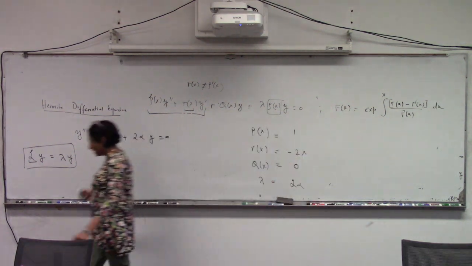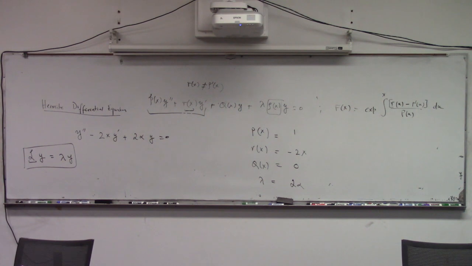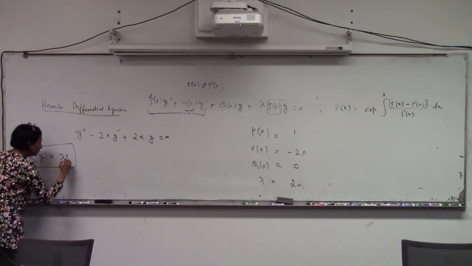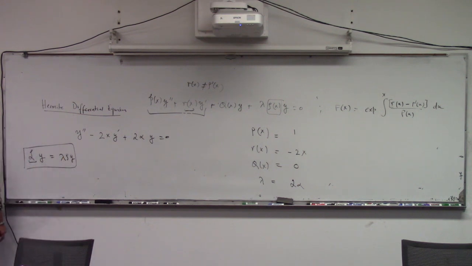Why not choose lambda to be 0? No, because I want the eigenvalue equation. The whole thing is I'm going to write the orthogonal relationship, so I want to write the eigenvalue equation like that, lambda rho, or lambda if you want to put rho here also.